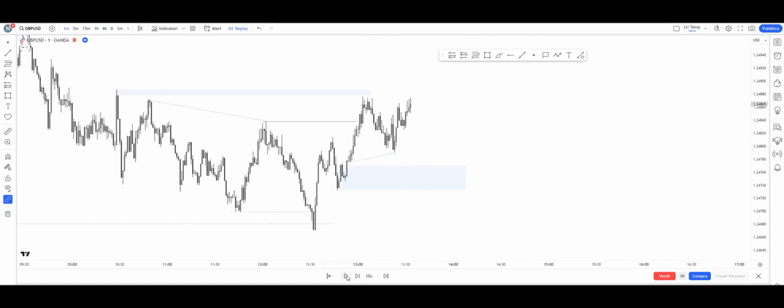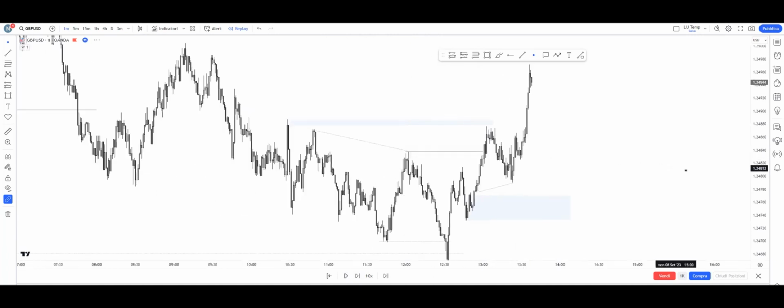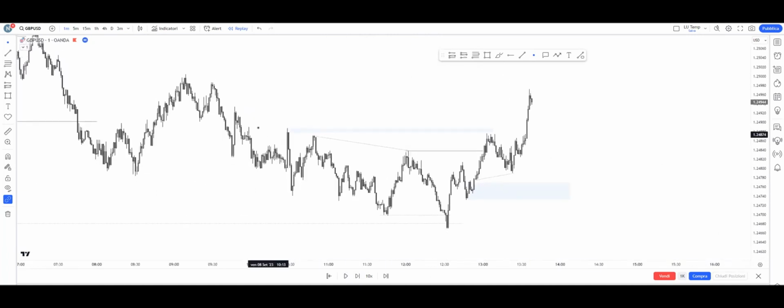Let's move up right now. In this case, we have other equal highs, and just above it we have another block right there.